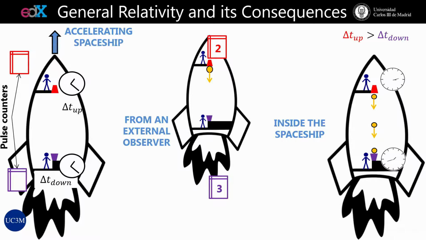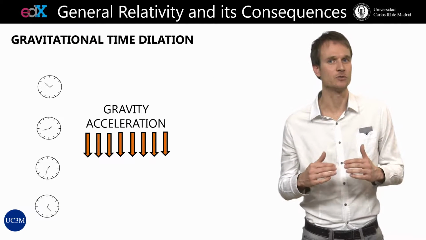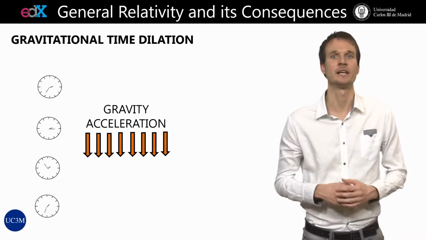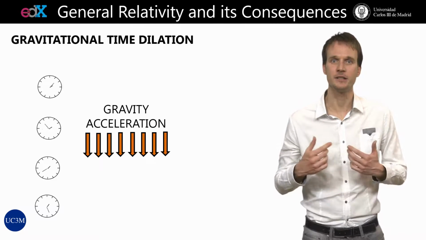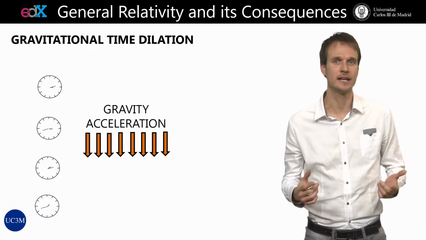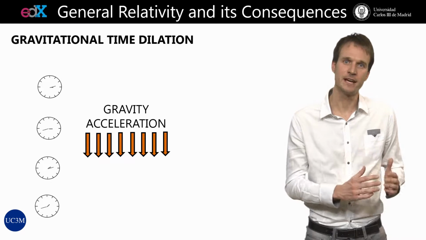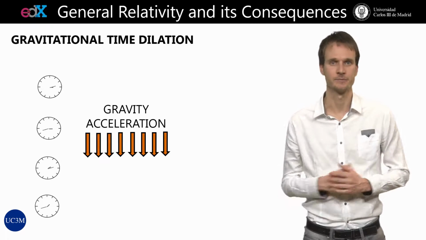And indeed, in general relativity, time runs slower and slower as we move along the local gravitational field. And the farther away we go, the higher this effect. This phenomenon is known as gravitational time dilation, and its effect has already been measured and verified in satellites orbiting the Earth.